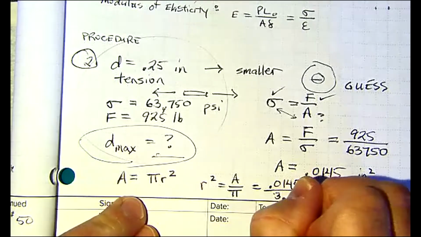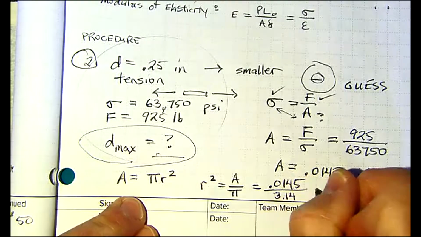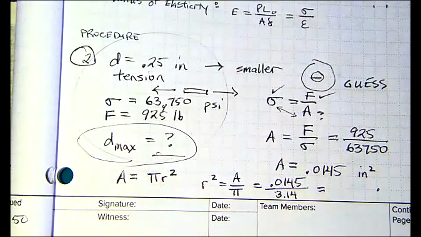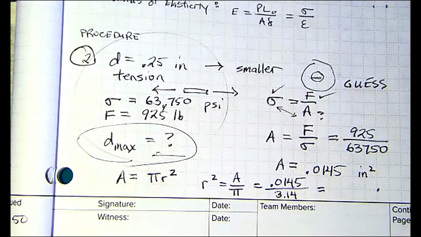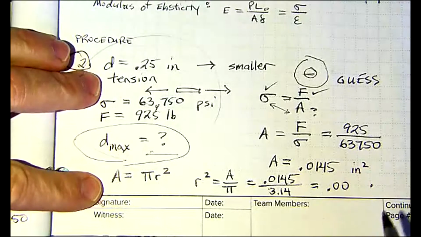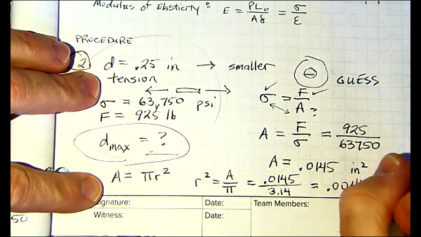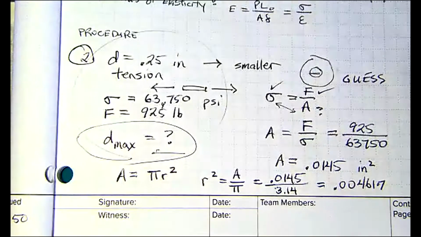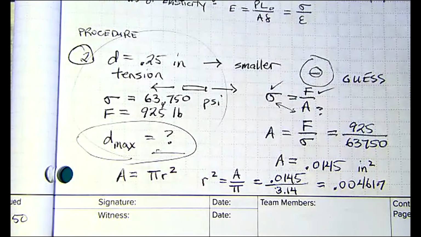I'm just going to use 3.14. And then what's that going to equal? Hey, Siri, what is 0.0145 divided by 3.14? Okay, can you see that on the big screen? Okay, 0.004617. Please check my math.